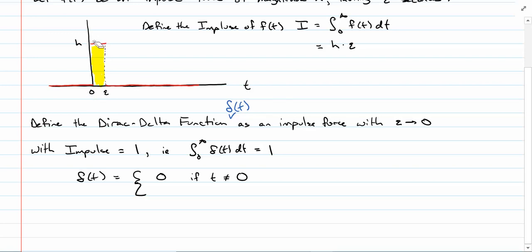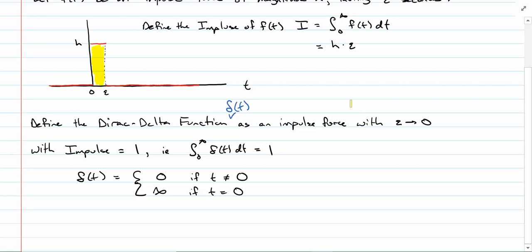Except at 0, you've got a really, really thin rectangle with area 1, which means it has to be really, really high. So the only thing that makes sense for the function value there would be infinity. That's basically the definition of the delta function. Of course, that's not a great definition because infinity is not a number. So it's really not a function per se, but it is a good mathematical tool for modeling impulse forces over very, very small periods of time.